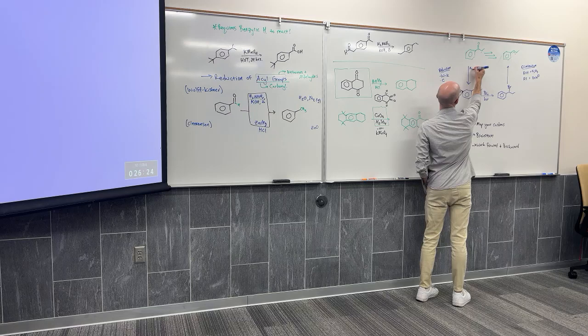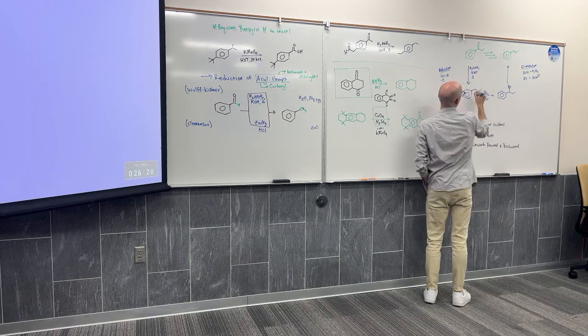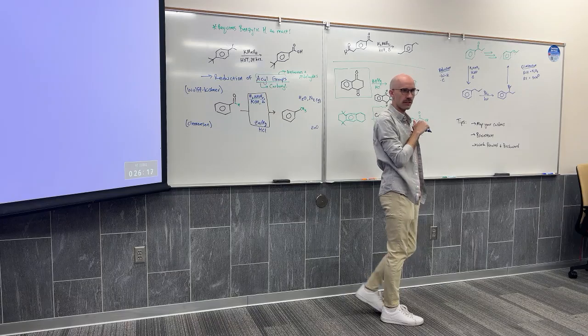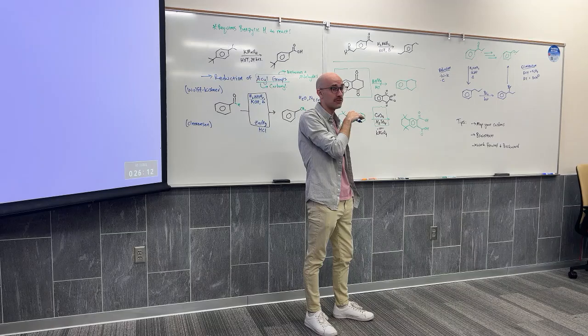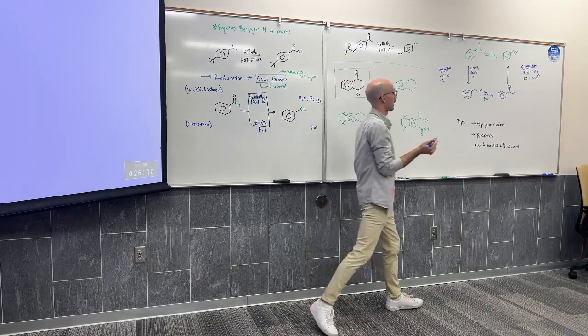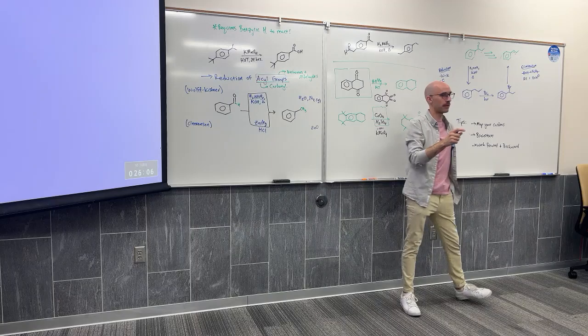I think here I'll use my Wolff-Kishner reduction because I like it. And in terms of elimination, can I use sulfuric acid? No, the sulfuric acid is going to do nothing with the alkyl halide. And I was talking with a group about this.